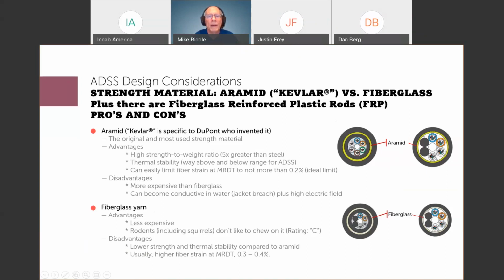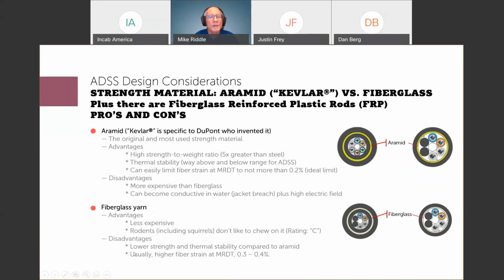An ARAMID cable gets an F. The rodents and squirrels just chew through it, no problem. Maybe it's even tasty to them, I don't know. But in any case, with fiberglass, without doing anything, you can get a C, on an A, B, C, D kind of rating.